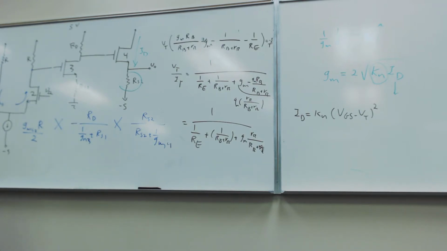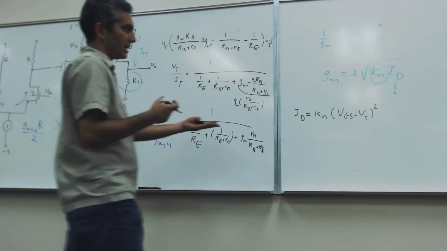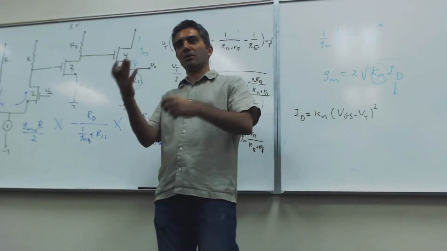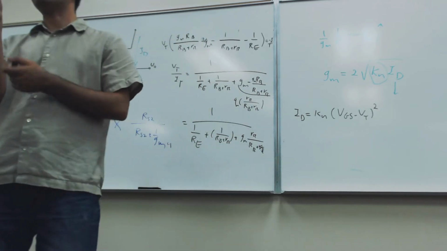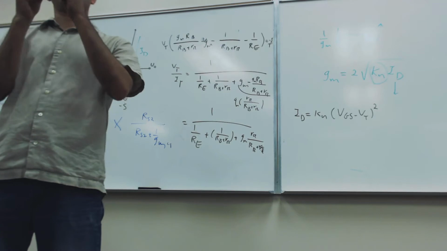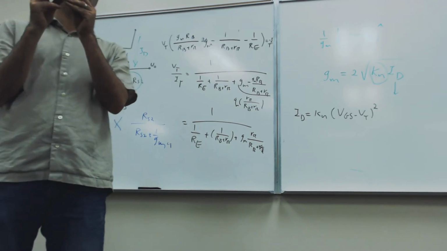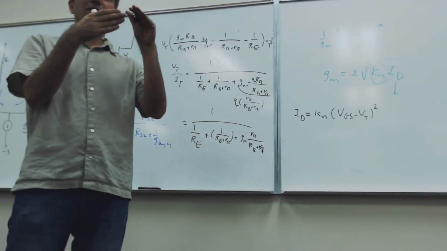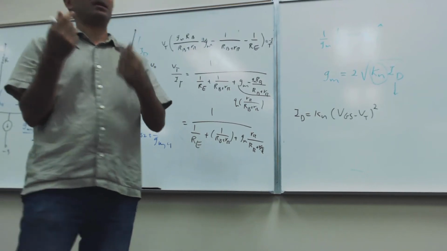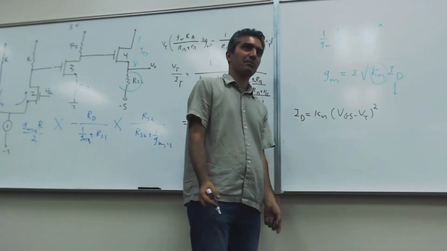What do I mean by that? The Kn that you calculate and use or measure, and Vt that you calculate and use and measure, they're calculated and measured for a certain condition. They set it up at a certain temperature, right? So you start passing current through the transistor, and the transistor is going to heat up. And as soon as that heats up, this Kn changes.